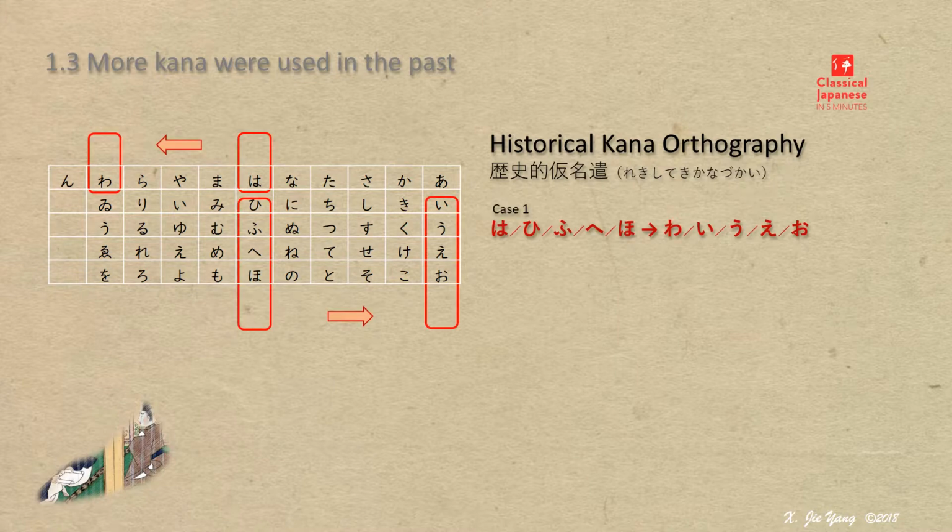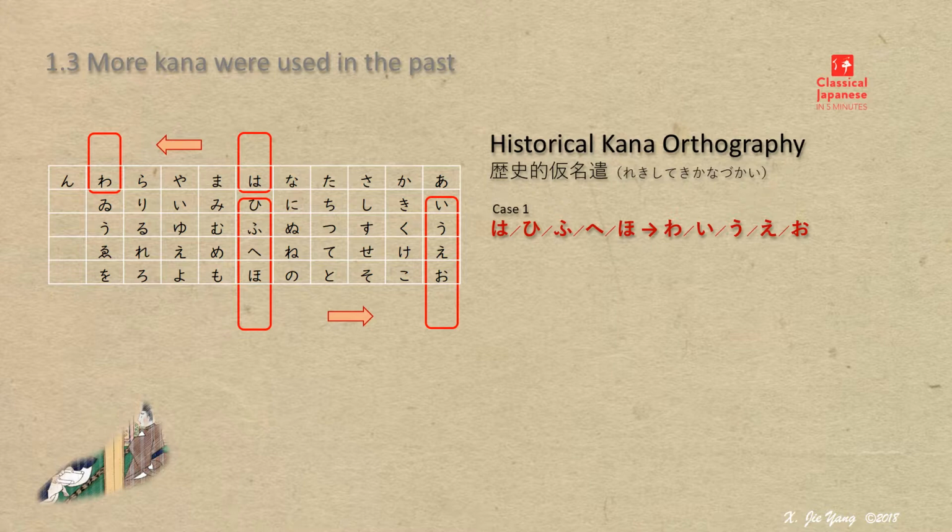Case 1. Hagyo kana now are replaced by wa, i, u, e, o in modern Japanese. In other words, many words we read and write in wa, i, u, e, o today, back in old times were pronounced differently.